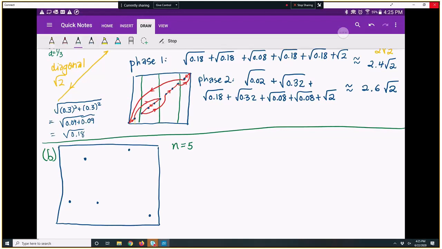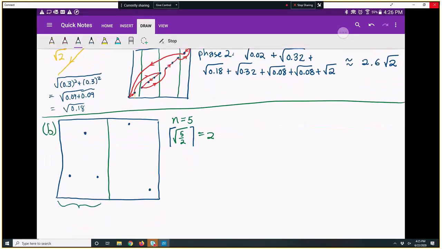And so I take square root of 5 over 2, and the ceiling function of that is going to give me 2. So I'm going to cut my unit square into 2 strips of width 1/2. Okay, so my strip is of width 1/2.